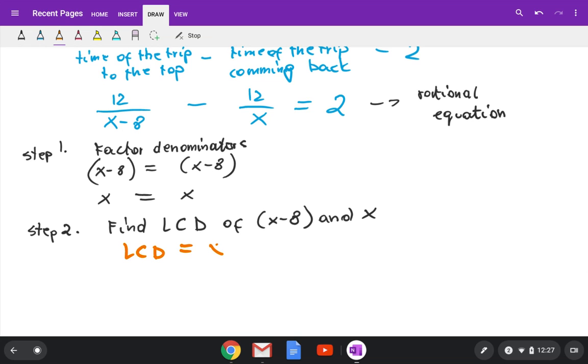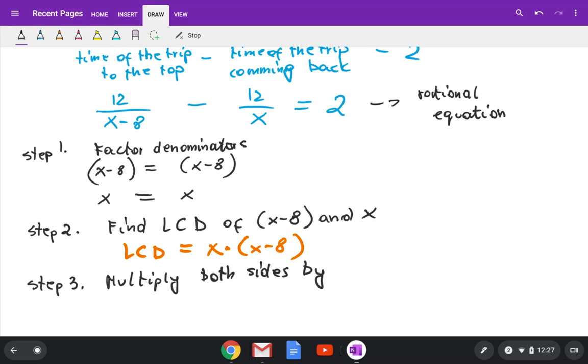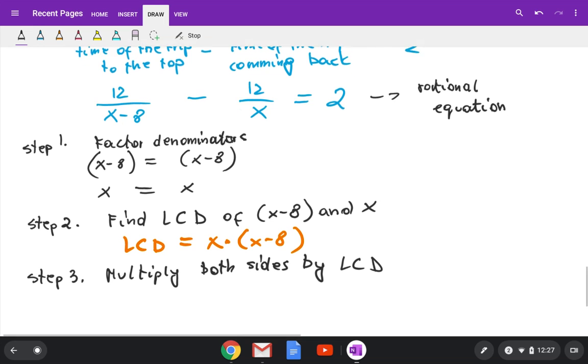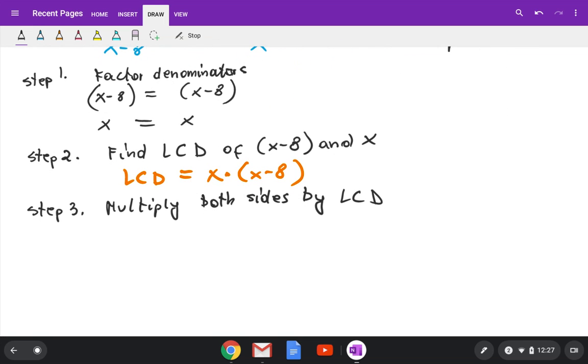It's going to be x times x minus 8, since they don't have common factors, so you just multiply them. Okay, step 3, multiply both sides by the LCD. And step 4, solve.